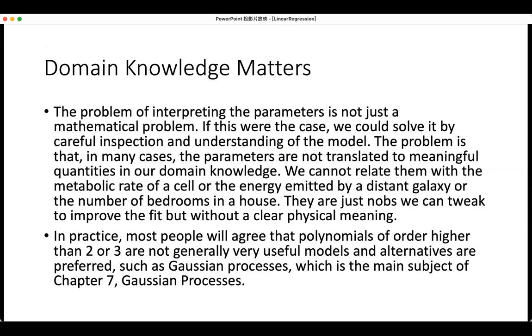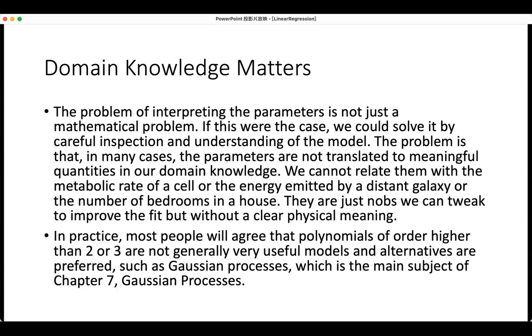So the problem of interpreting the parameters is not just a mathematical problem. If it were, we could solve it by inspection and understanding of the model. But in many cases, the parameters are not translated to meaningful quantities in our domain knowledge.